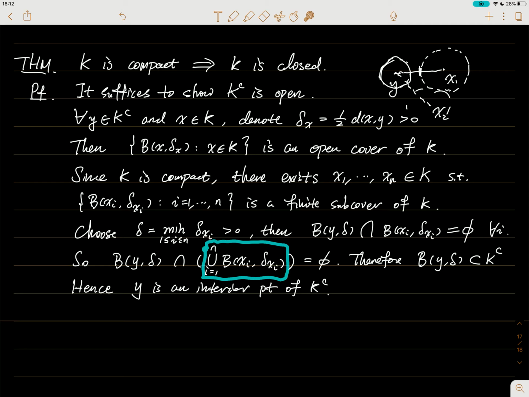That means B(y, delta) will not overlap with K either. It does not overlap with K means that B(y, delta) should be inside the K complement. So that's why B(y, delta) must be in the K complement.